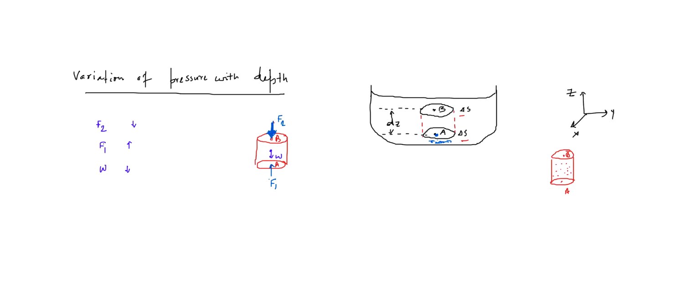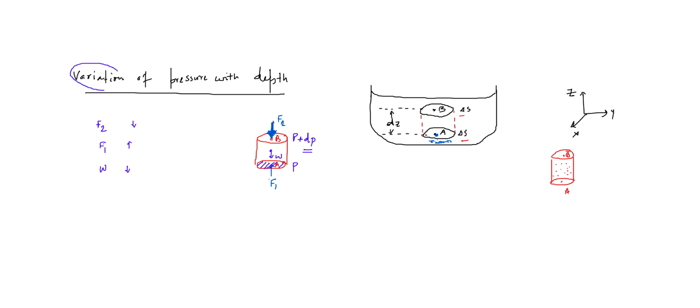So let the pressure at surface A be P, and here at B, P plus dP. So what is the difference then? dP is the difference, and we need to find out the variation.